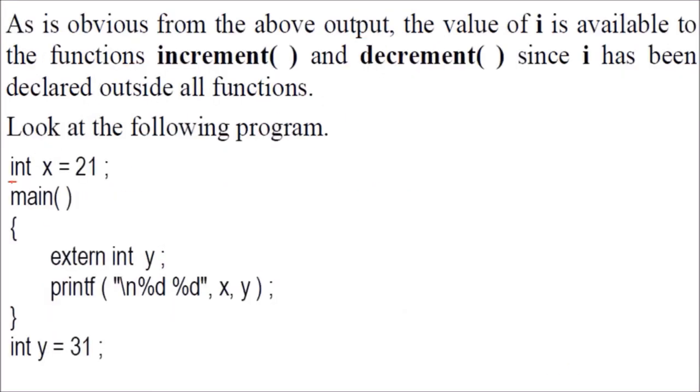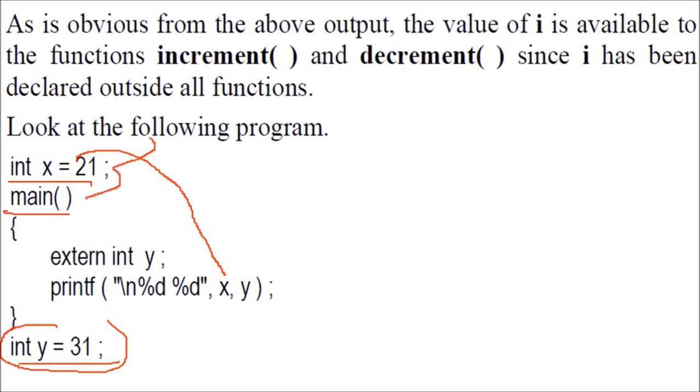Now see, int x equal to 21 here, and int y is equal to 31. This x is here, but since y is given after main, when the compiler actually transfers control, first it will go here, then here, and then it will encounter y. If the line extern int y is not given, it will give an error. Why?